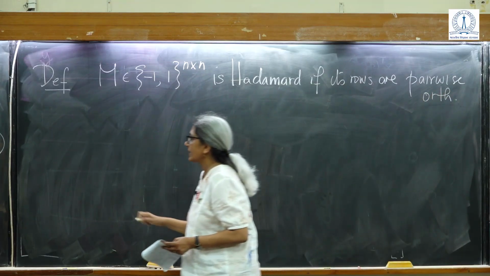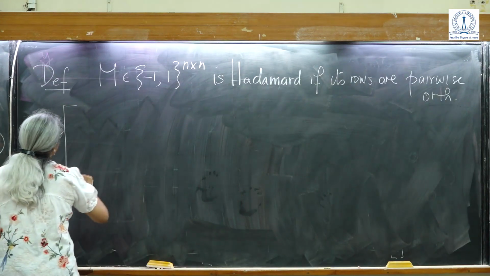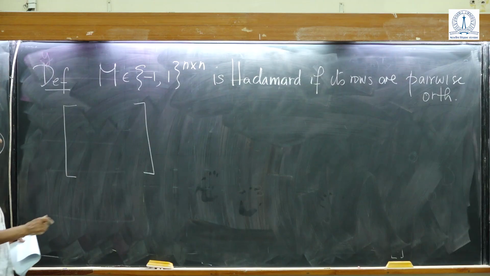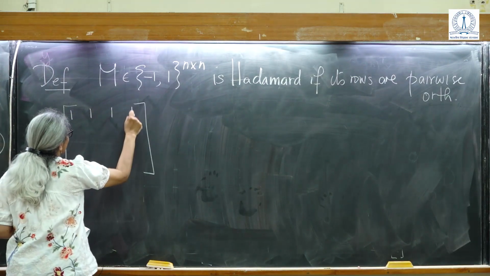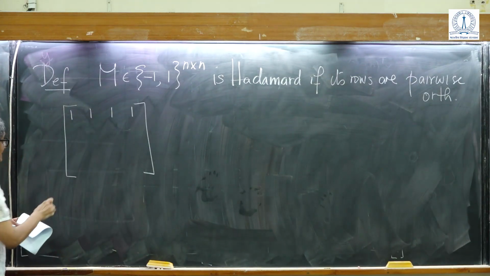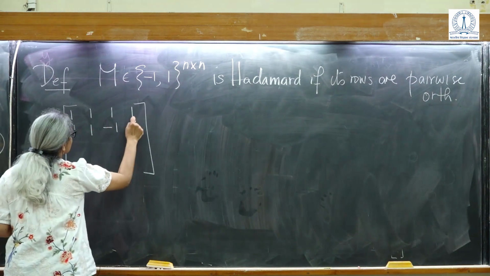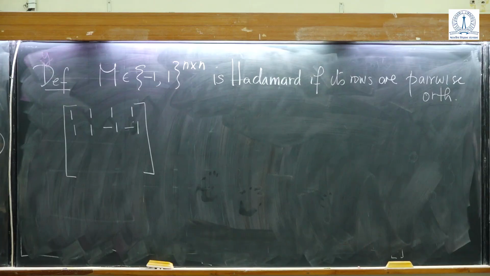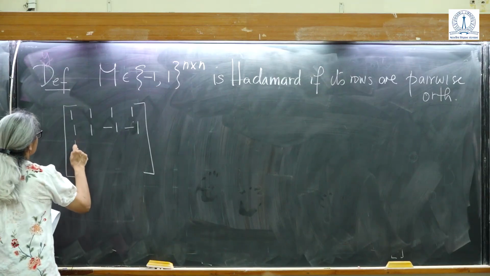Let's see a quick example to agree that these exist. Here's a 4 by 4 example. My first row is all ones. Next row is this. Everybody okay? Those two are mutually orthogonal, no problem. Then the next one is this.